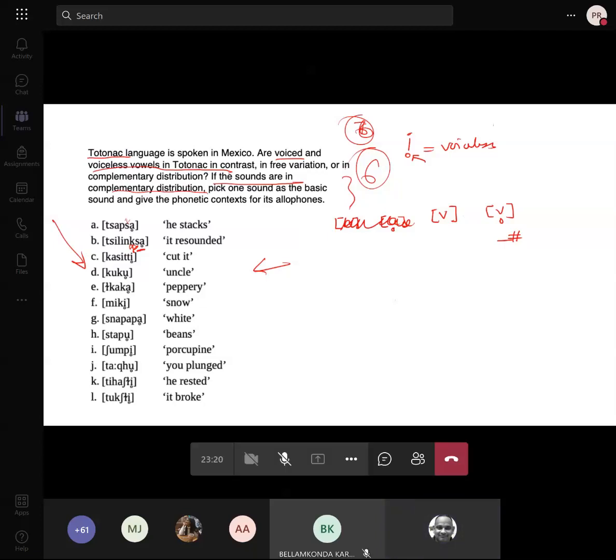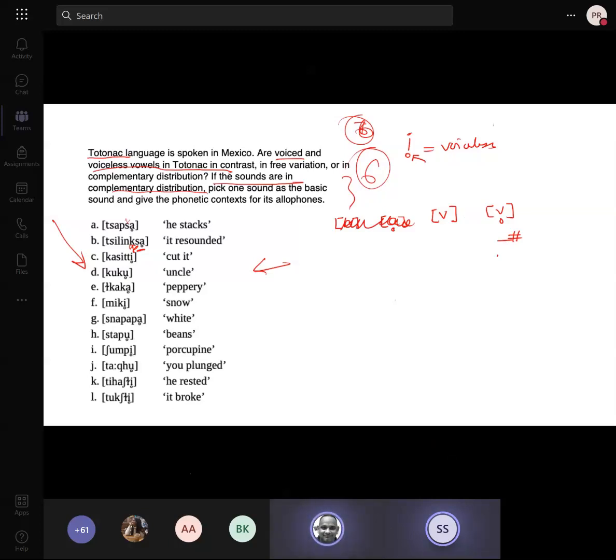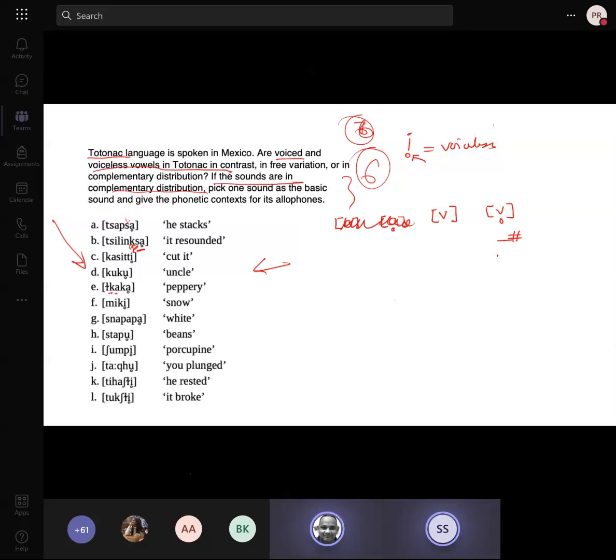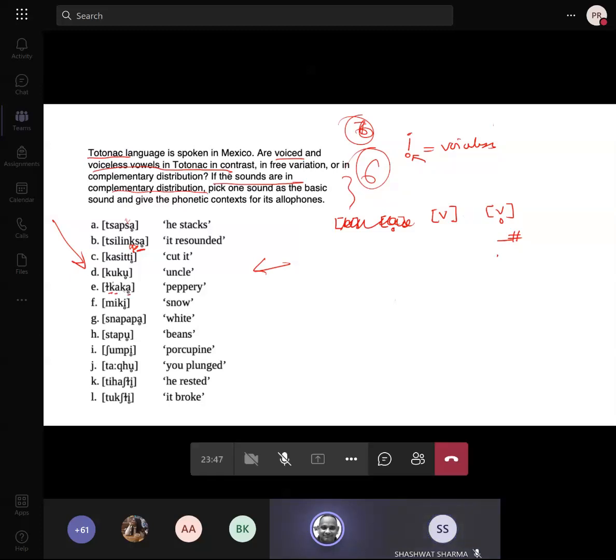The word meaning peppery has a vowel, then a consonant, and then the voiceless vowel. So here the environment is the same, ka, ka, but the first one is not changing, and the second one is. It's a good observation.